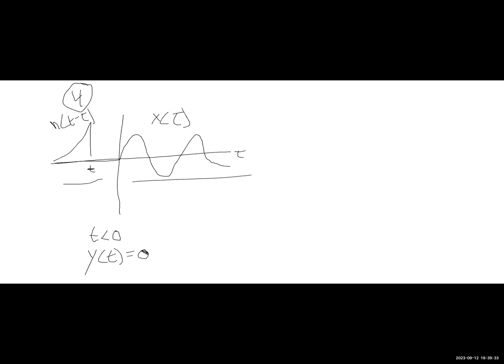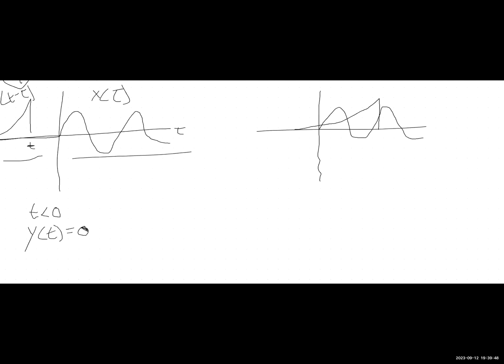And we can see that when t is greater than 0, we're going to have overlap. And in theory, the only place we can have full overlap is at infinity. So we can treat this as our final case.